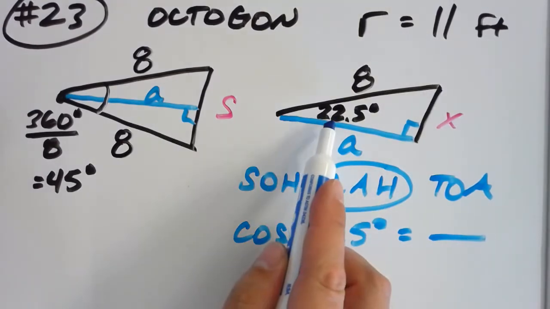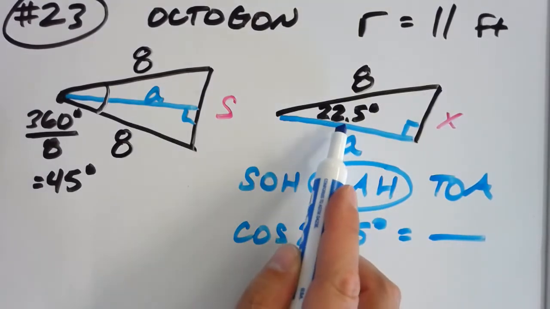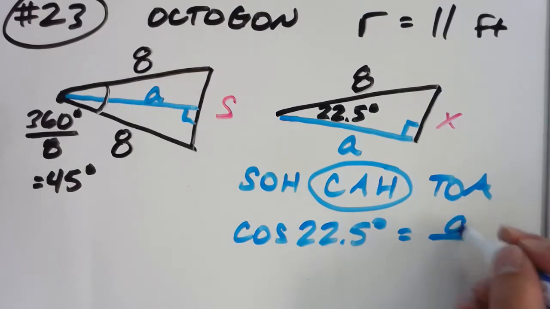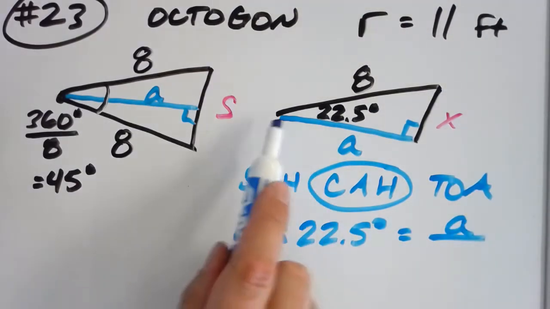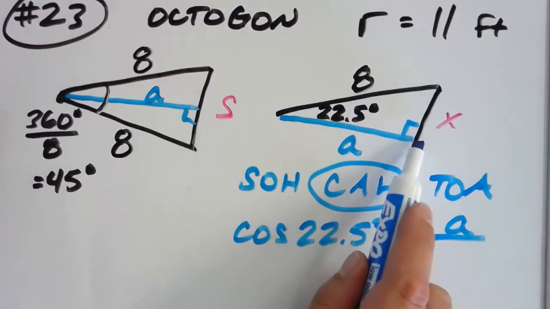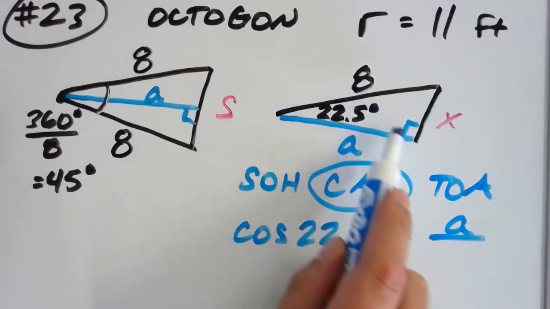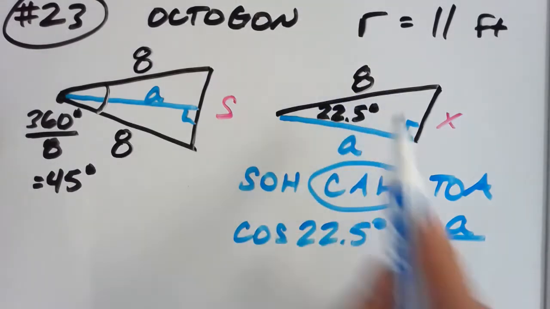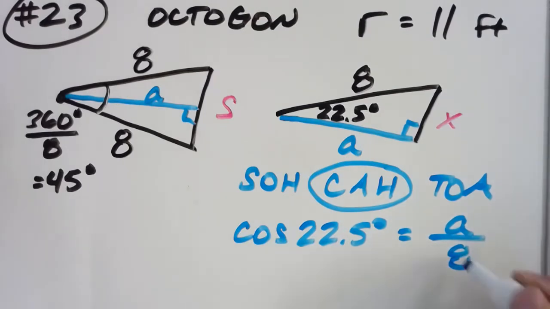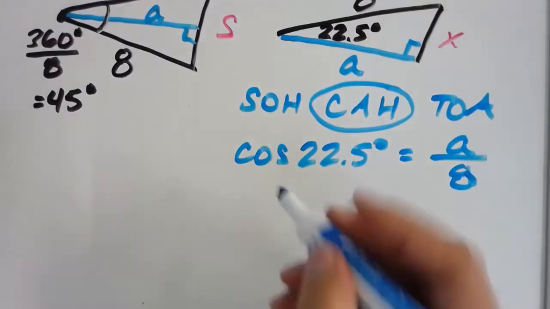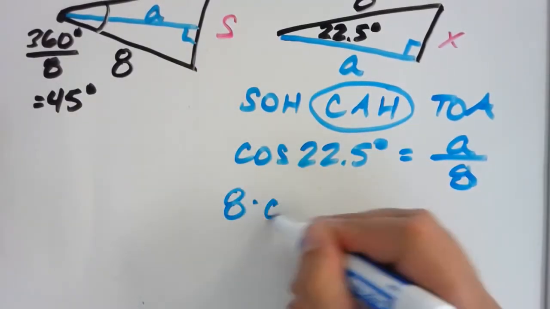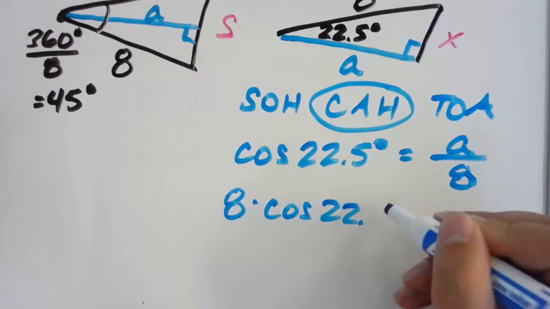The adjacent side, or the next to side to this angle, is this A, the apothem length. The hypotenuse in a right triangle is always the one that's opposite the 90 degrees. Okay, so the 8-unit length here is my hypotenuse. There's the adjacent over hypotenuse ratio for cosine. This is just a number in a calculator. So if I want to solve for A, I need to multiply this 8 to the other side. And I'm going to get 8 times cosine of 22.5 degrees.